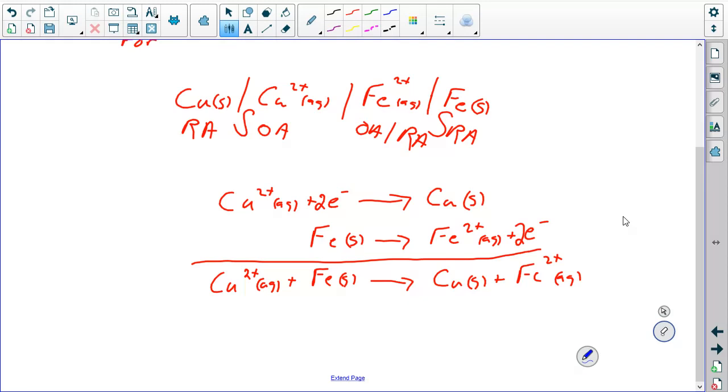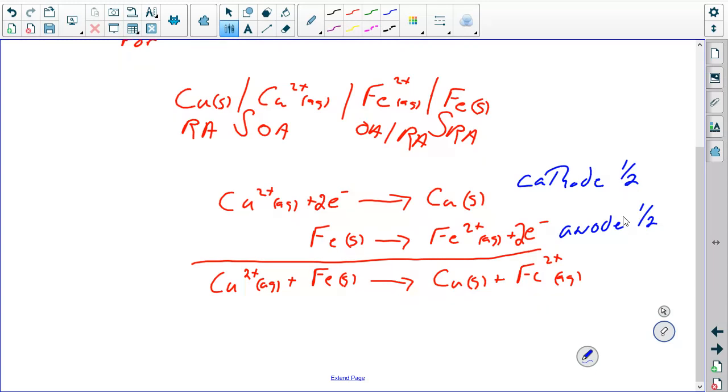Do electrons go towards the cathode or do electrons leave the cathode? Electrons go towards the cathode. The reduction half reaction occurs at the cathode. The oxidation half reaction occurs at the anode.